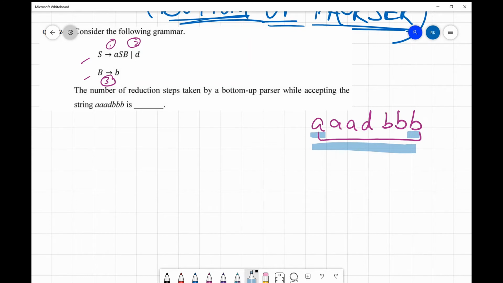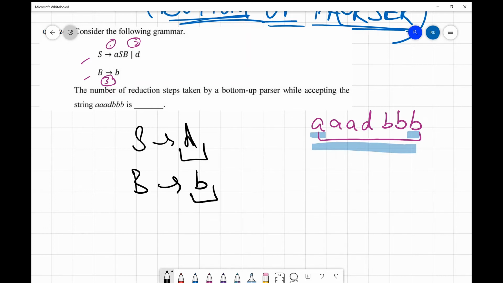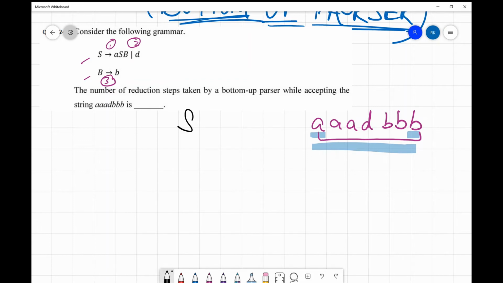If I just use S to D, it will end at that point, and if I just use B to b, it will end at that point. Also, whenever we start building our string, we always start from the start symbol S. We have only two options, 1 or 2. Definitely I'll go with 1, because I need to build my string. I cannot end it at the first step.